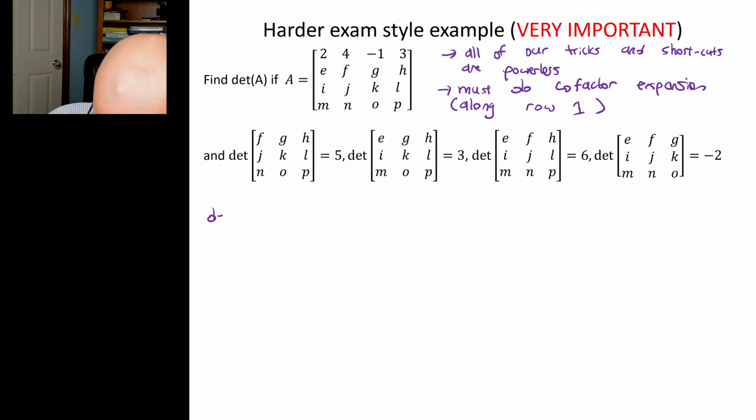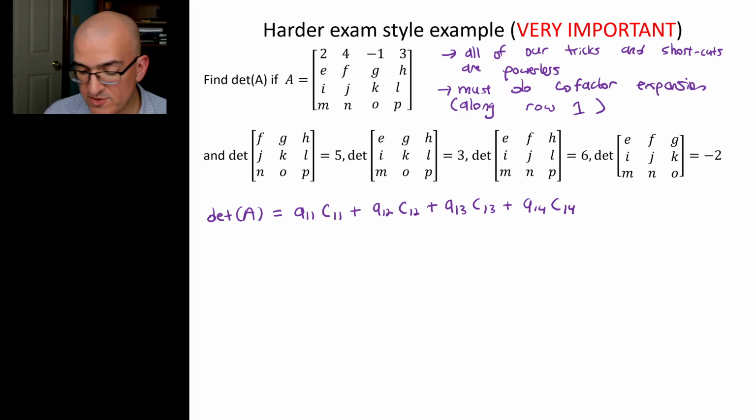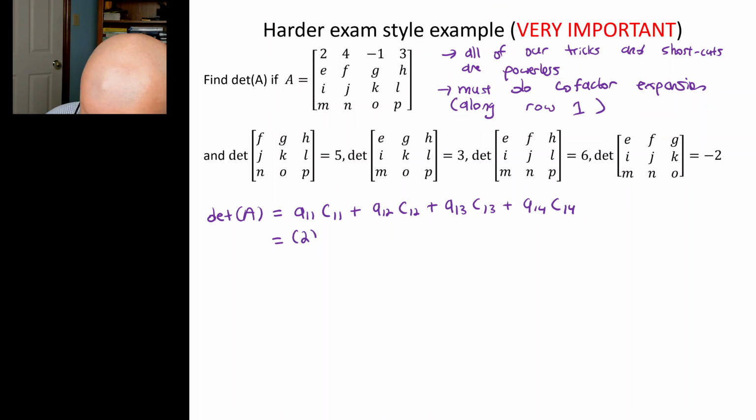So the determinant of A, according to the cofactor expansion, is A11 times C11 plus A12 times C12 plus A13 times C13 plus A14 times C14. Since it's a 4 by 4 matrix, we're going to have 4 of those pieces. Now, what is A11? It's the 1,1 entry of the matrix A, so it's 2. What is C11? C11 is negative 1 to the 1 plus 1.